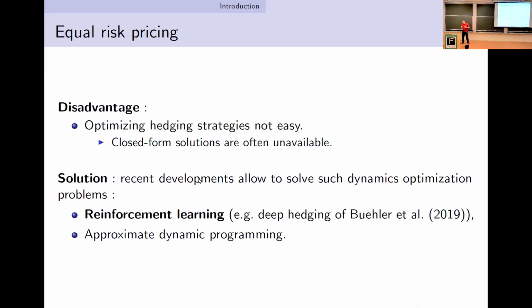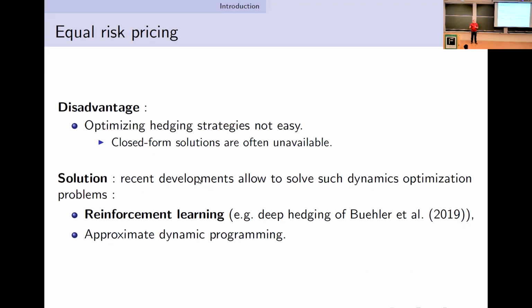Okay, so these are the advantages. Now, what are the disadvantages? It's that it's not trivial to compute the solution. Okay, so it's a complex problem to solve for equal risk prices. So you need to rely on numerical techniques, and this is what has been done in our papers. We relied on reinforcement learning procedures to come up with the solution of the option pricing problem that we will describe shortly.